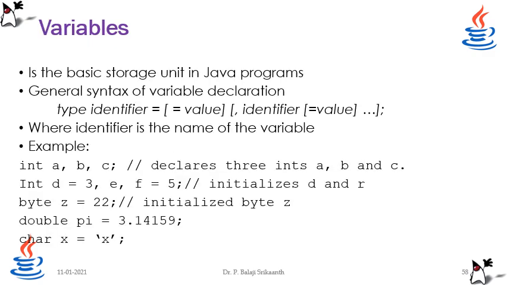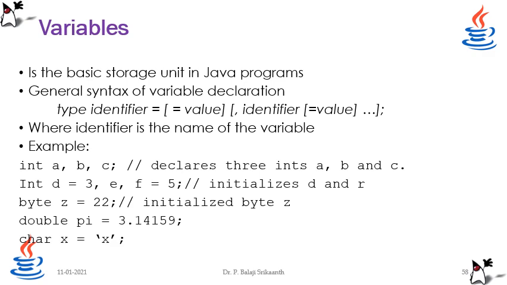Variables are the basic storage unit of Java programs. The general syntax of variable declaration is data type, whether it is integer or float, followed by the variable name. And at the time of declaration itself, you can initialize it.